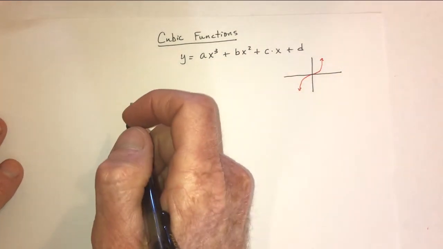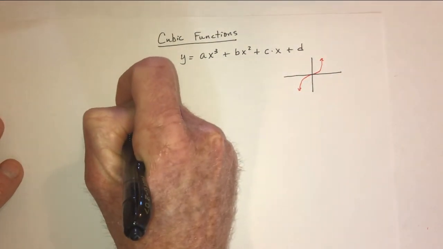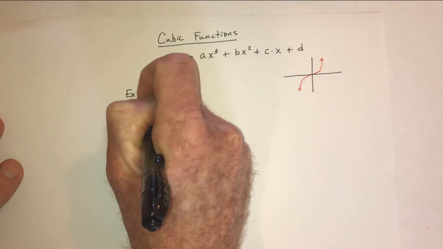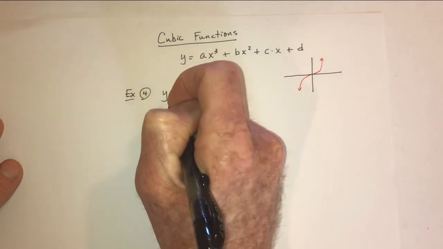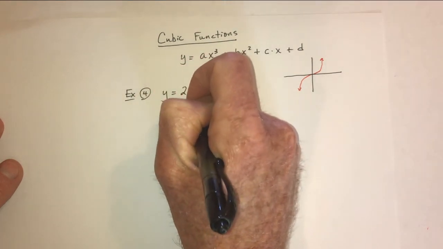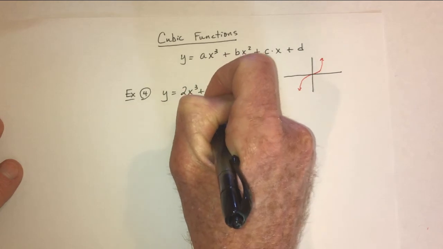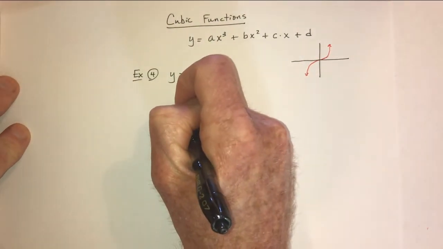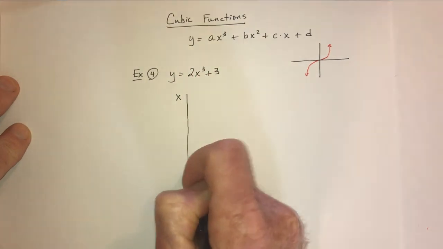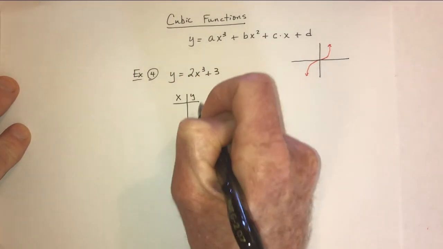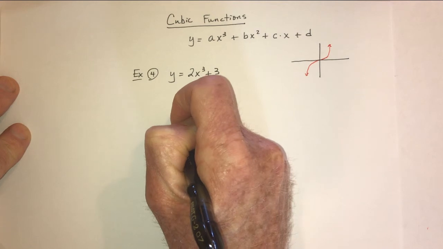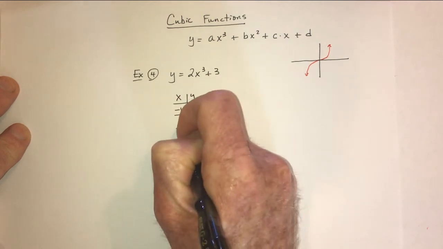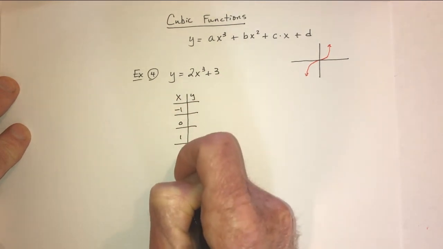Then for example number 4, y equals 2x cubed plus 3. So we could just do it with paper and pen or pencil. So I'll use a negative number, I'll use 0, and a couple of positive numbers.